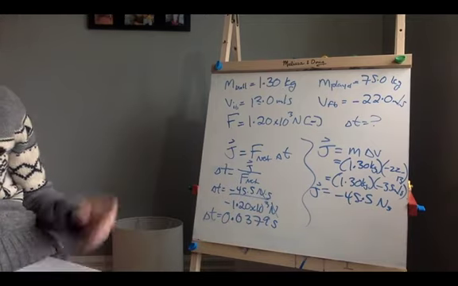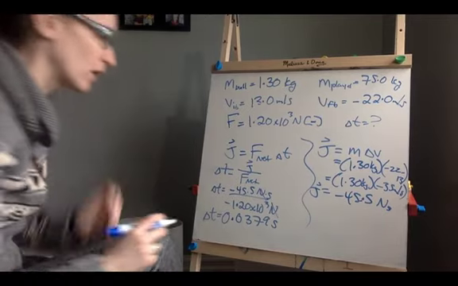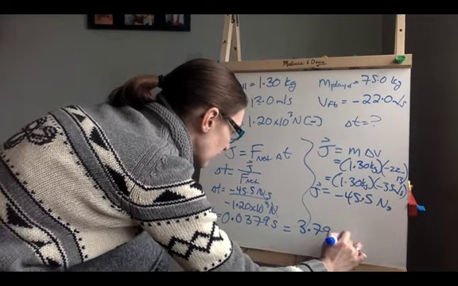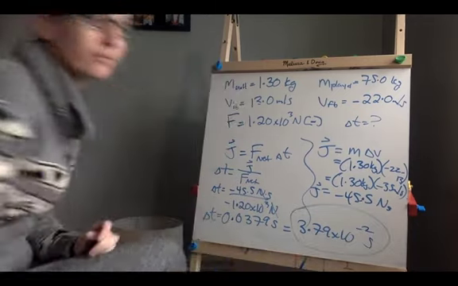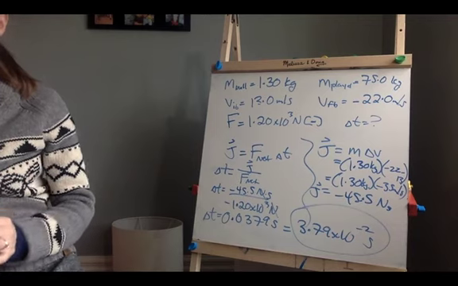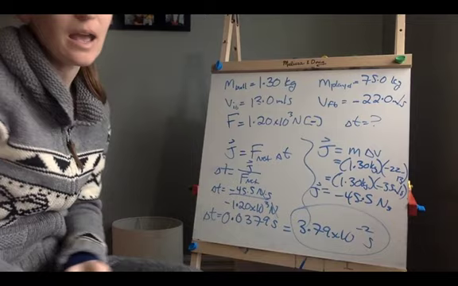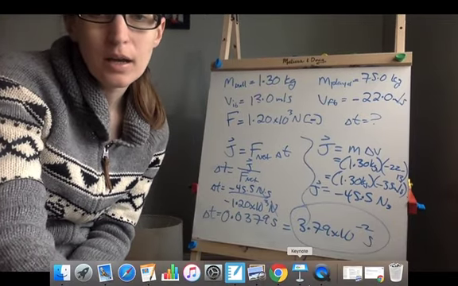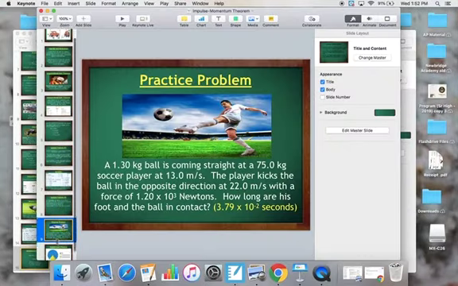And we get 3 sig figs here, so we could write this as 3.79 times 10 to the minus 2 seconds. Okay, so again, just thinking about those relationships and using a combination of formulas to get the information that you're needing.